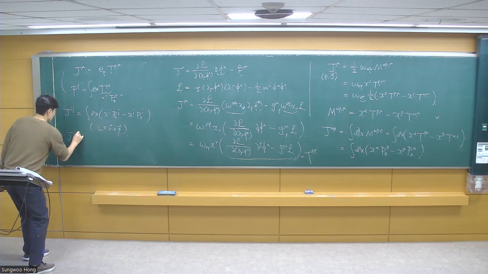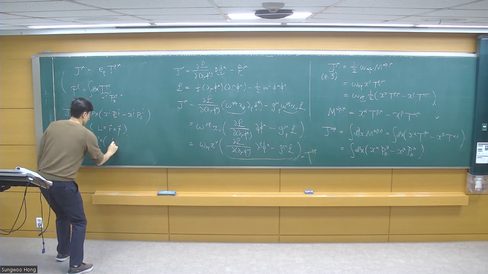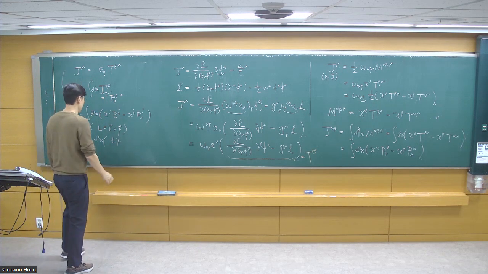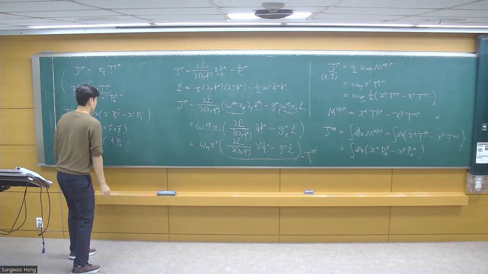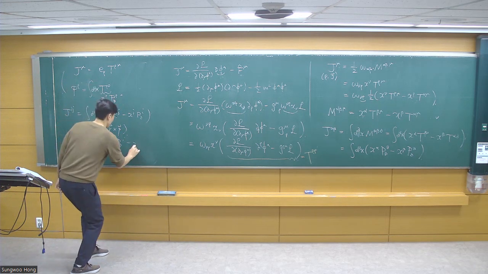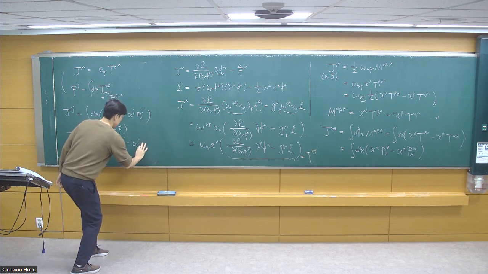Now you can look also at this component, time with i, minus x^i, and then 0, so that's the Hamiltonian.